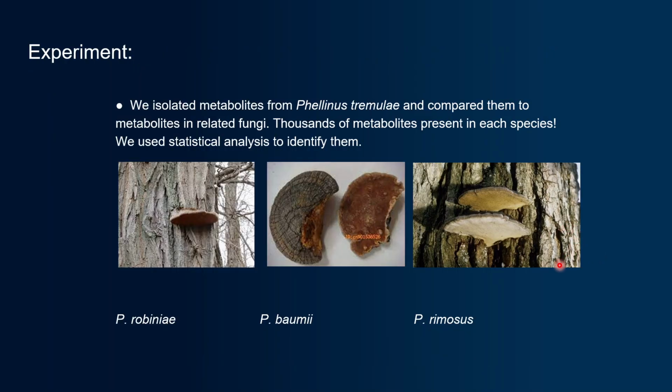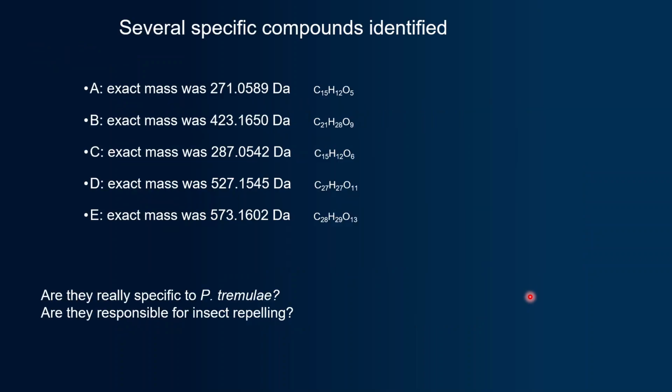All right, so what we already did, we collected different Philinus species, some from Jersey, some from other states, looked at the metabolites inside, checked what metabolites are specific to our fungus Philinus tremulae, the one that we're really interested in.